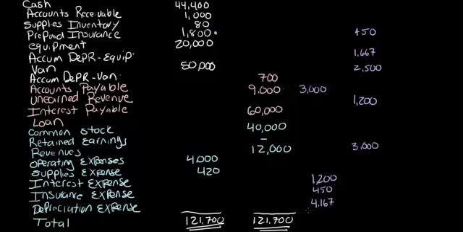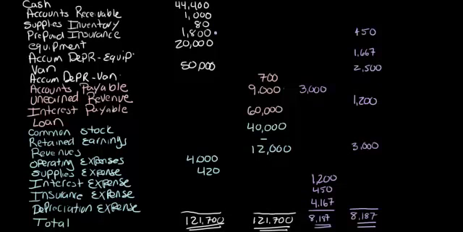Now, if I add all these up, they should be equal to each other, and they are. It's $8,187. So it does total. And these are my adjustments.